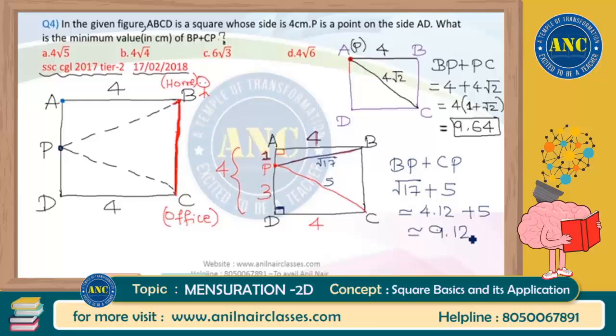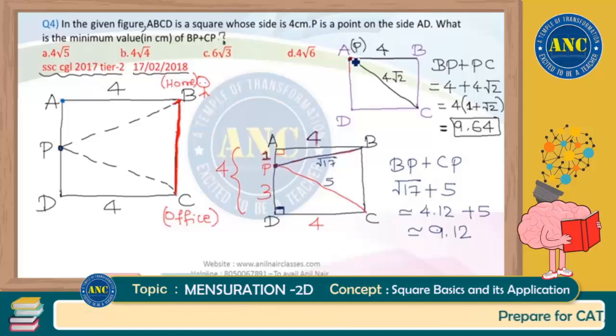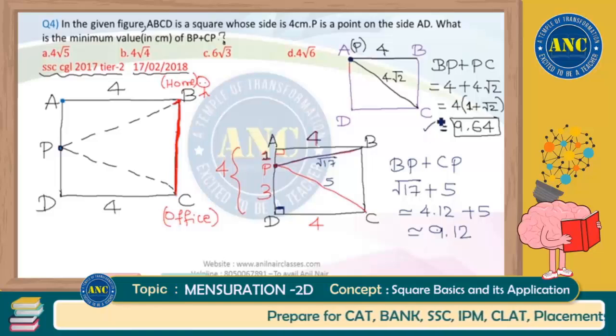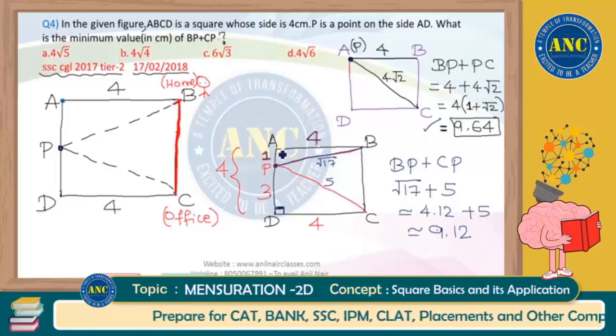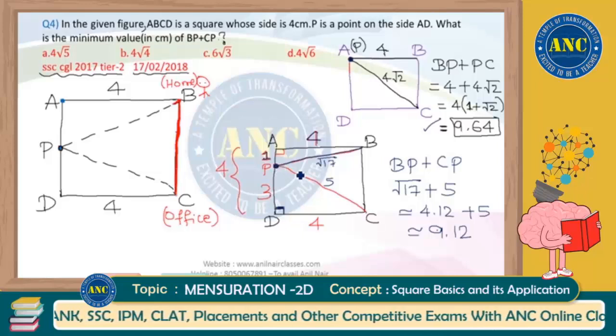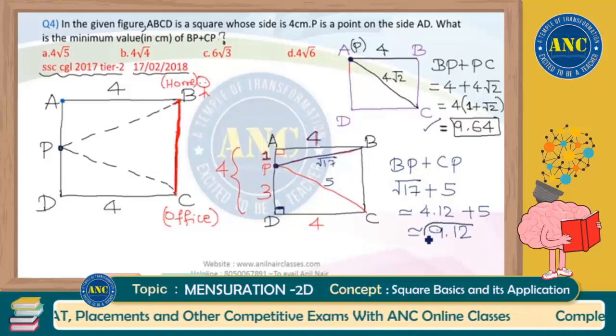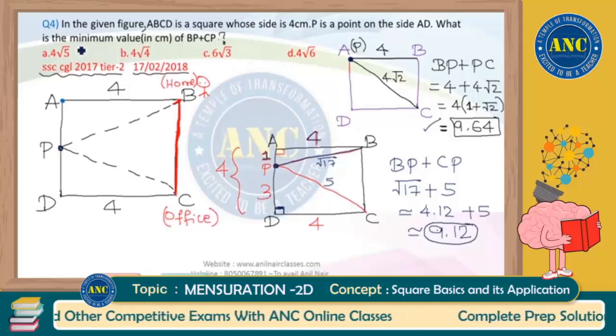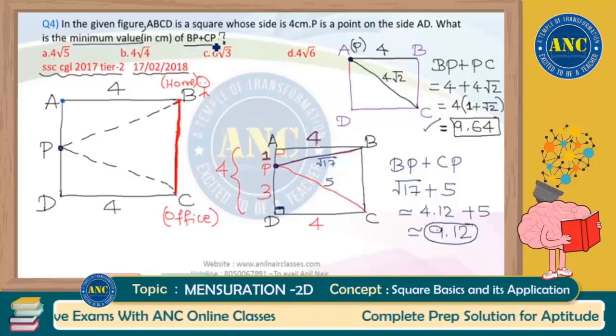Now see here, sir. If the point P is exactly coinciding at point A, you got the total value as 9.64. But when it is moving a little down, your value is reduced. But the question says you want to find the minimum value of BP plus CP.